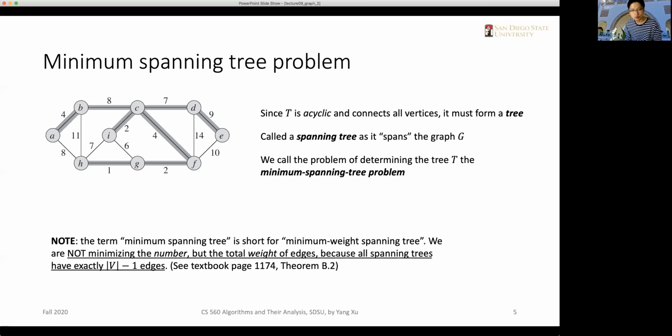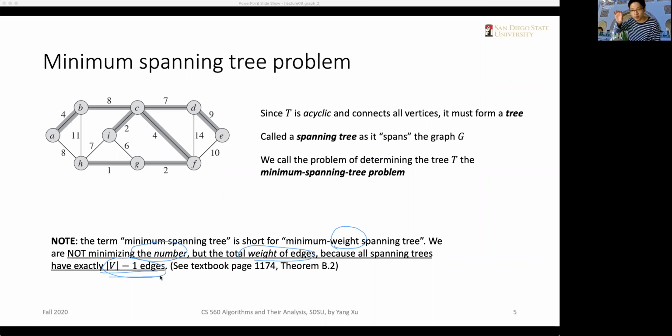Okay, so one technical detail we need to pay attention to is that the minimum spanning tree is actually short for the minimum weight spanning tree. We are minimizing the total weight of the edges, but not the number of edges. Okay, so this is quite an important difference, because in all spanning trees, the number of edges is fixed.